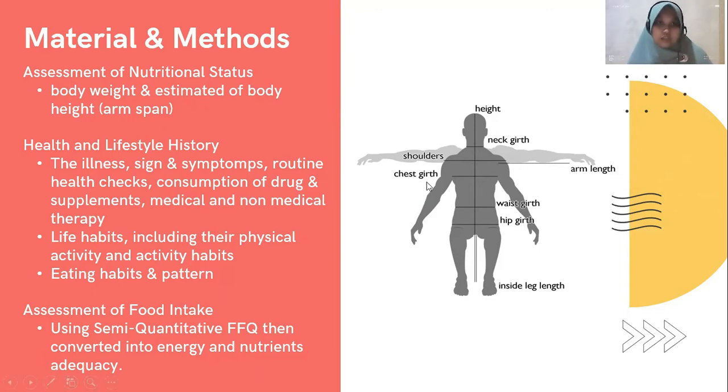In this study, we assess nutritional status of the subjects, including body weight and estimated body height, and their health and lifestyle history. We also assess food intake using a semi-quantitative FFQ, then convert it into energy and nutrient adequacy.